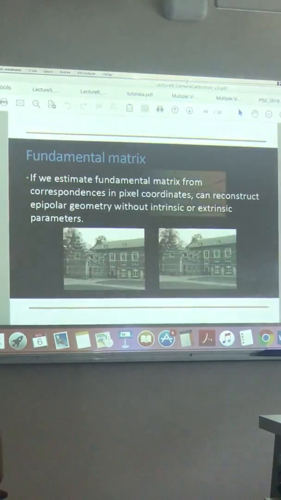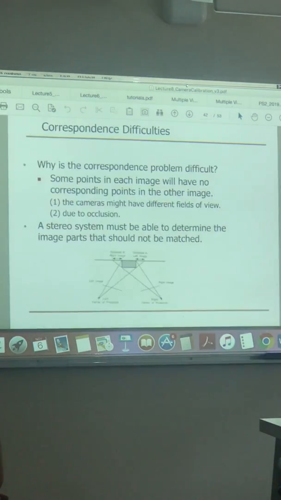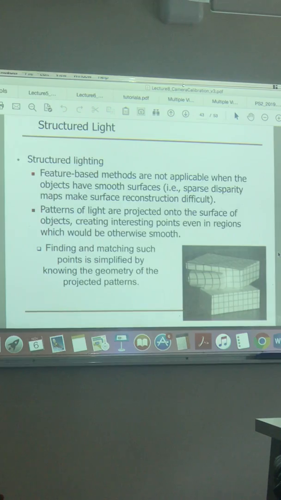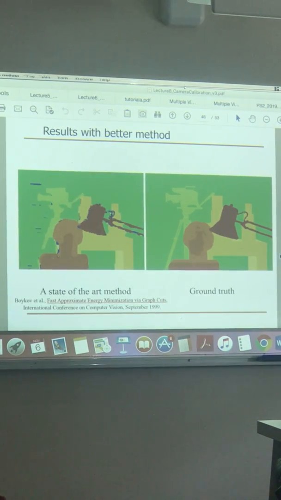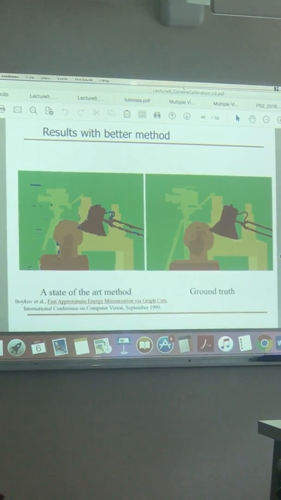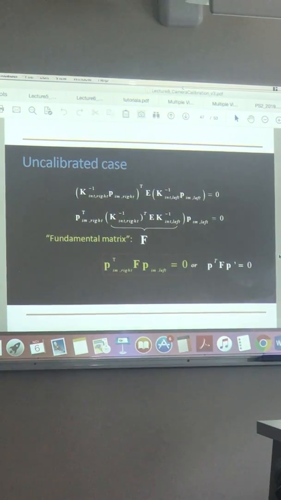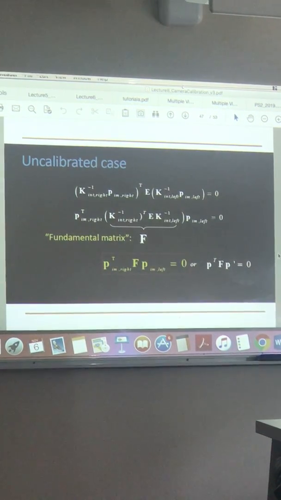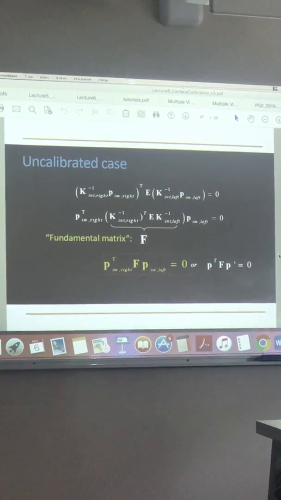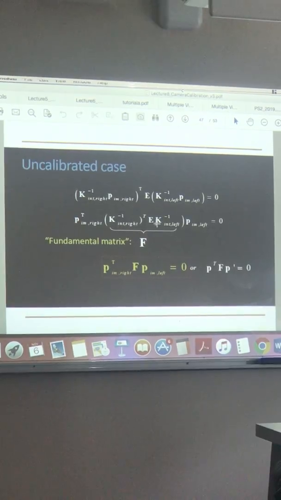Okay, and these slides, they are not critical. These slides that I put over there, you can read them, but they are not critical slides. Some examples are placed in the final version that I uploaded. They are not critical. Fundamental matrix is when the calibration is not known.